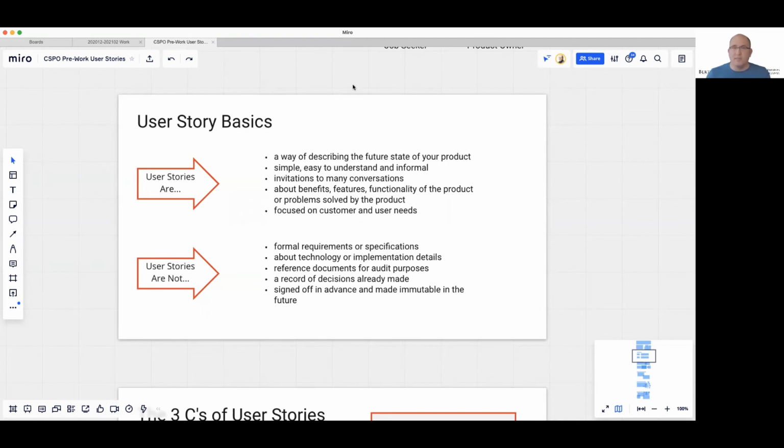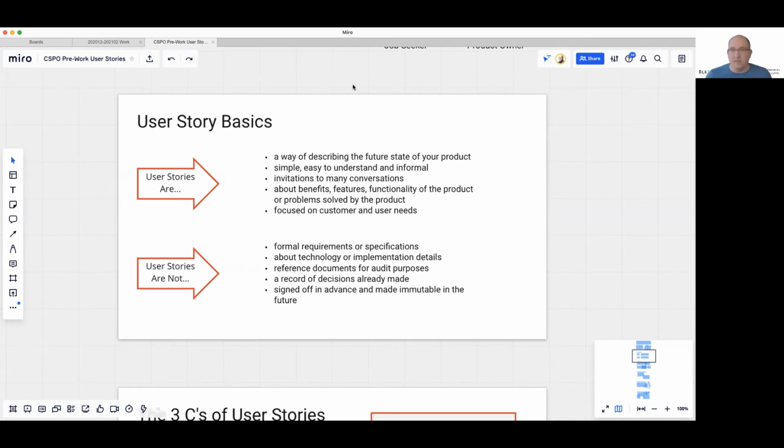User stories usually describe some piece of functionality, a feature, maybe a problem that needs to be solved for the user or the customer. Also, user stories are almost always focused on customer and user needs, either directly or indirectly. Now, what are some things user stories are not? Well, they're not formal requirements or specifications.